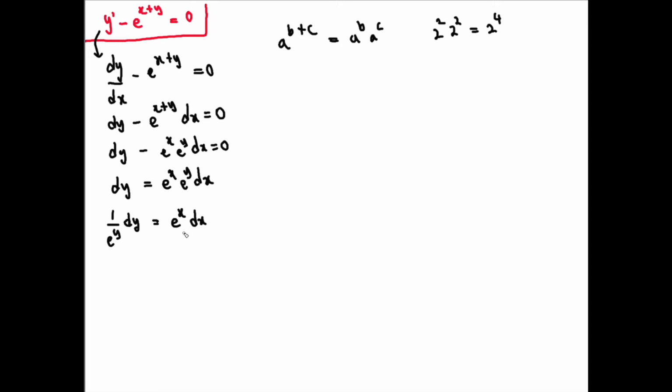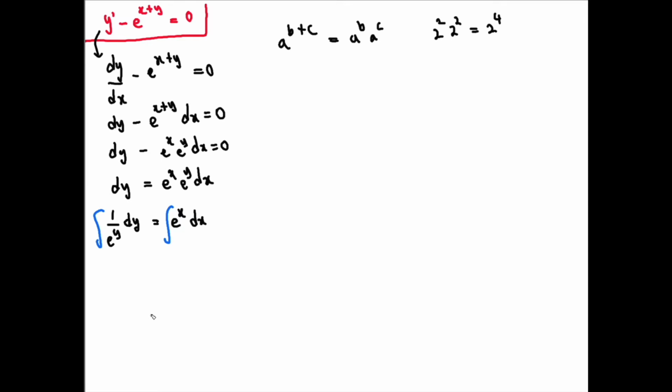Now we have all the dy's and y's on one side and the e to the x and dx's on the other side. We can try and integrate these together, so let's take the integral of both sides.